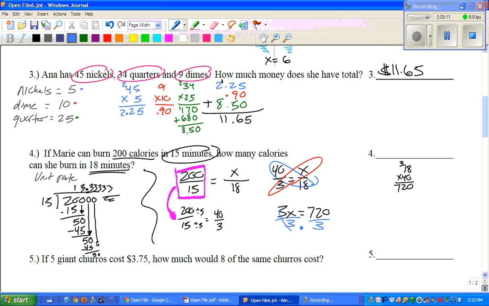And then to divide, x equals, oh, we got to do that real fast. 3 goes into 7 2 times. 3 goes into 12 4 times. Oh, wait, we're not done. Don't forget that 0. So x equals 240 calories.